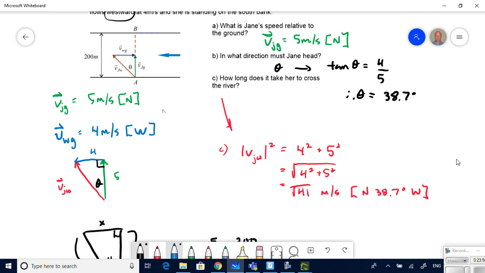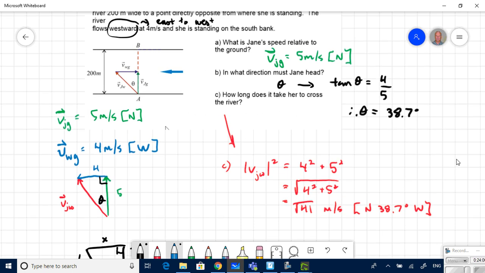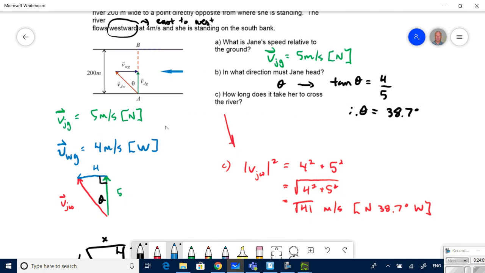You can look at it two ways here, and that's why the westward or eastward current doesn't really matter too much. Let me explain that for a second. If that was the angle she swam at, so if she set off from point A and swam along the red vector at 38.7 degrees off orientation, the current would push her back.